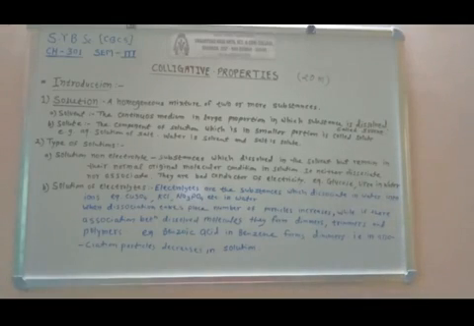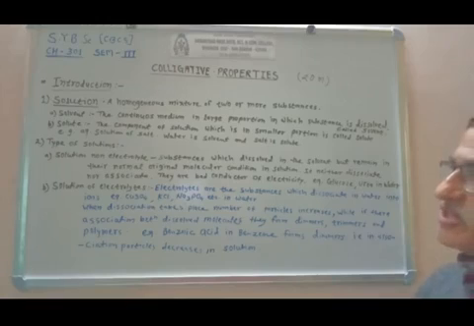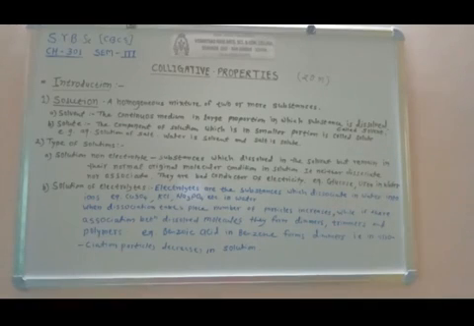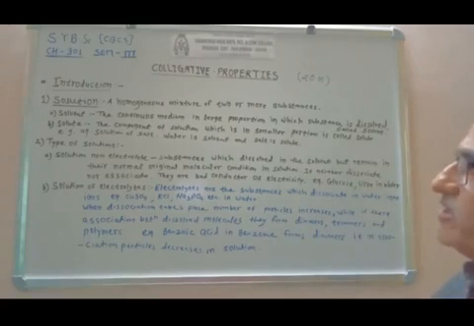What is solvent? The continuous medium in large proportion in which the substance is dissolved is called solvent. The medium which is used in large amount is called solvent, and the solute is the component which is in smaller portion.